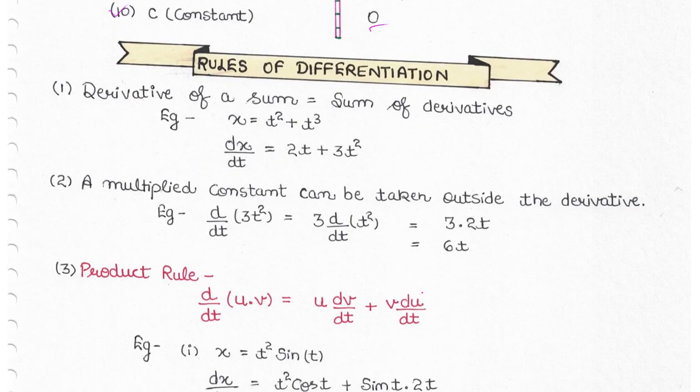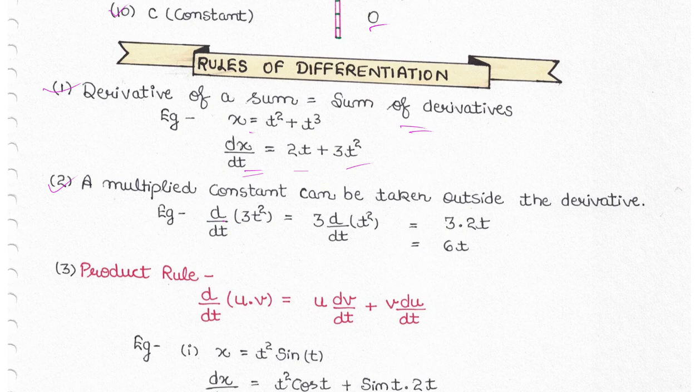Now there are some rules of differentiation. First rule, the derivative of a sum is equal to the sum of the derivatives. That is, if we have x is equal to t square plus t cube, we can write dx by dt is equal to 2t plus 3t square. Second one, a multiplied constant can be taken outside the derivative.